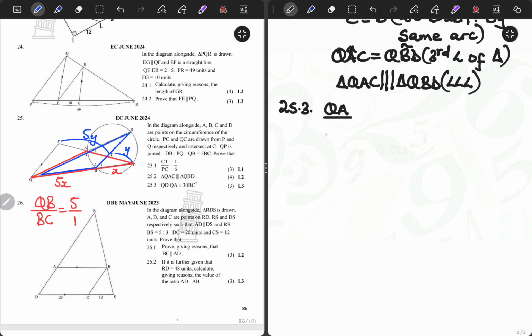QA over QB equals AC over BD, and lastly that will be equal to QC over QD.